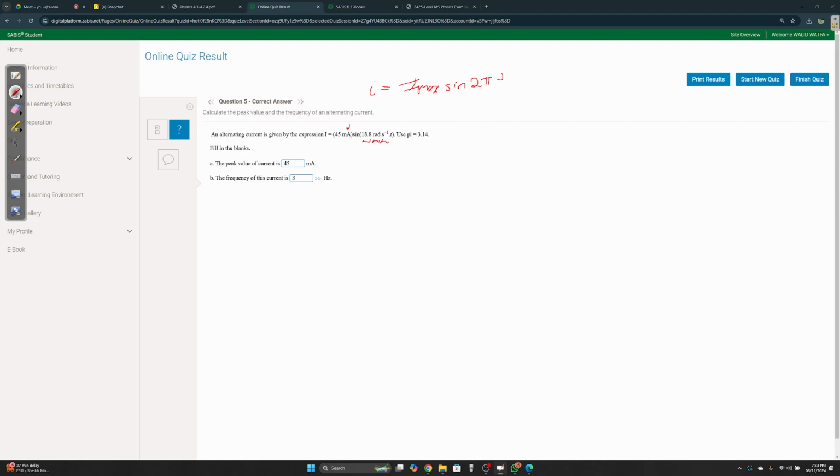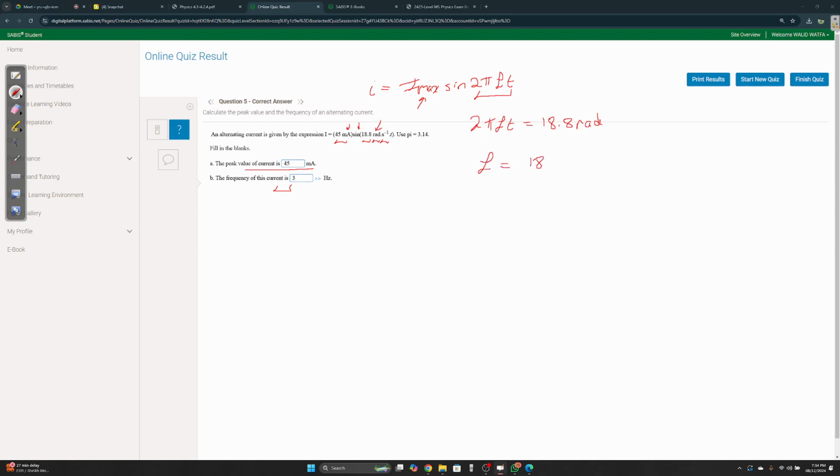Obviously, the peak value of the current, I max, is the coefficient of sine, which is just 45 milliampere. The frequency of this current: they gave us 2 pi ft is equal to 18.8 radian. So how do you find the frequency?